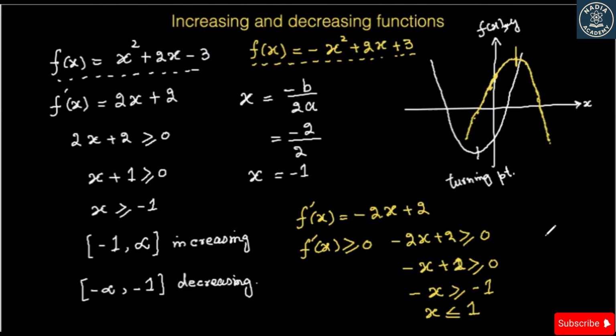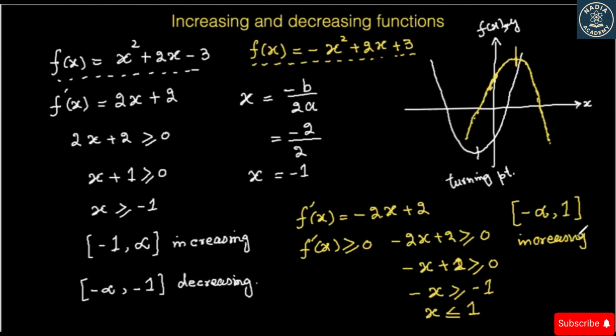So now our new condition or interval of the increasing function is the following: this function is increasing for the values of x smaller than 1. So the interval -infinity to +1, our function is an increasing function.